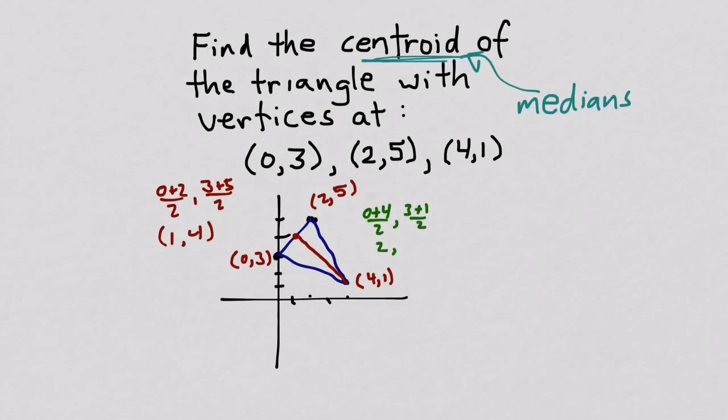Both of those give us values of 2, and so the midpoint here is 2, 2. The opposite vertex is at 2, 5, so we get a vertical line, which is kind of nice, because that tells us, since we have a vertical line here for one of our medians, that the centroid is going to have an x-coordinate of 2.